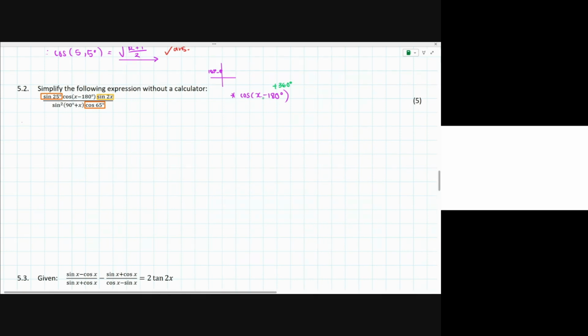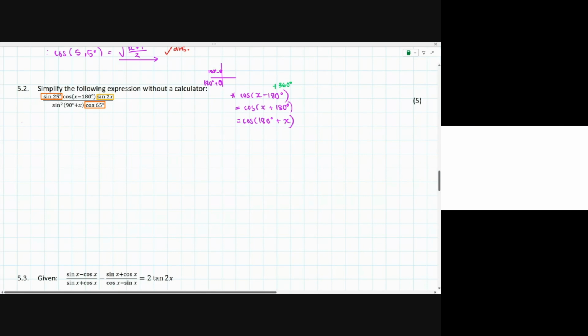So I would add 360 degrees to this because this would now give me cos of x plus 180 degrees. And because it's now plus, I can just rearrange those terms. Cos of 180 plus x. And this now takes me into quadrant 3, where the reduction is 180 plus theta.